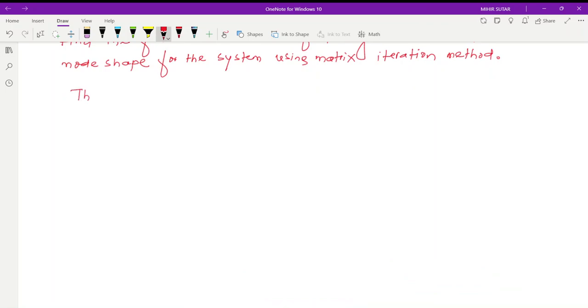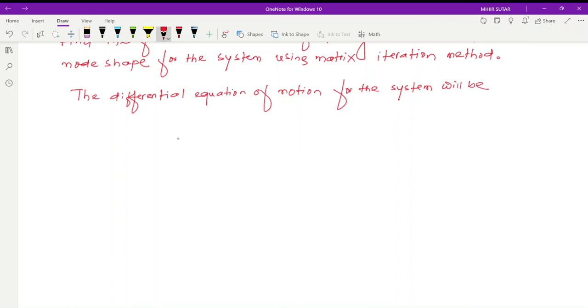Okay, the differential equation of motion for the system will be 4m x1 double dot plus 3k x1 plus k of x1 minus x2 equal to 0.